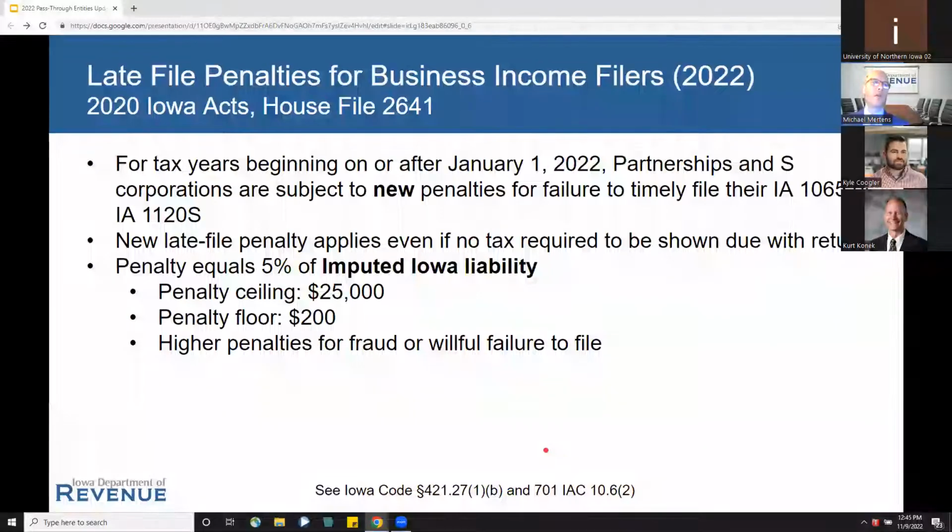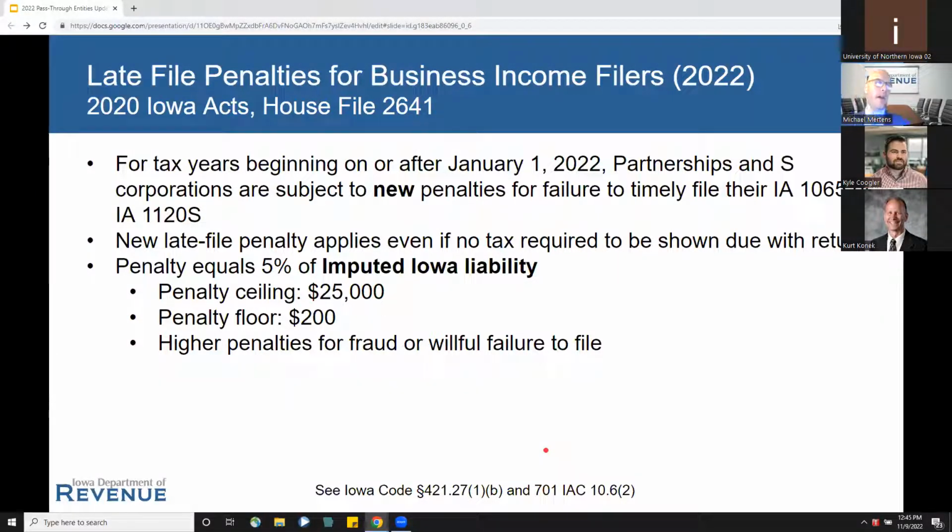The new law imposes new late file penalties on partnerships and S corporations that file their return late. The traditional late file penalties under Iowa law were always a percentage of the tax due. Partnerships never owe tax due with the return. S corporations rarely owe tax due with the return. So traditionally, those late file penalties, even if imposed, were usually zero. That will no longer be the case.